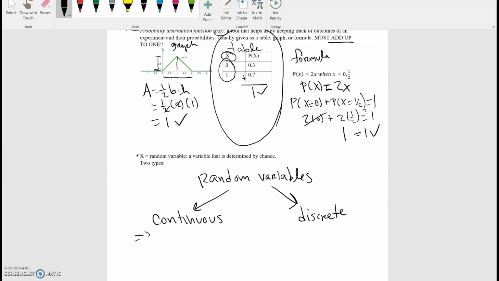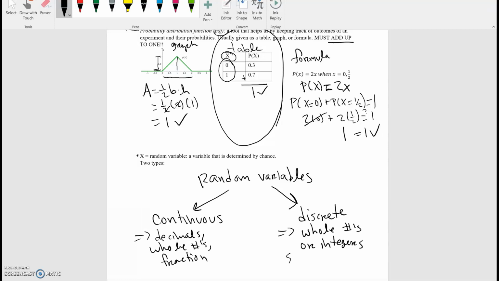These can include decimals. It can also include whole numbers, fractions, anything that you can possibly think of. Whereas discrete random variables are just whole numbers or integers. So there are no fractions and no decimals in discrete.